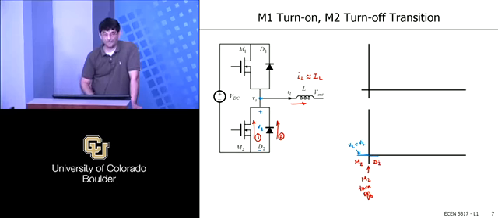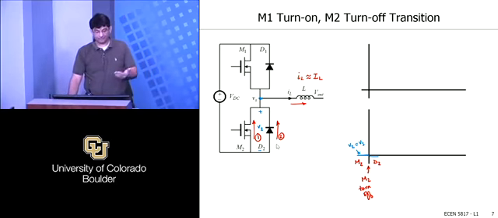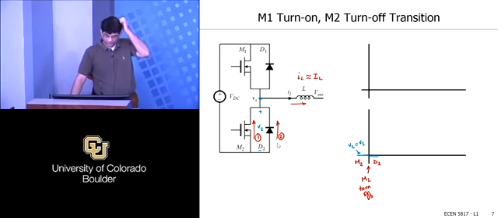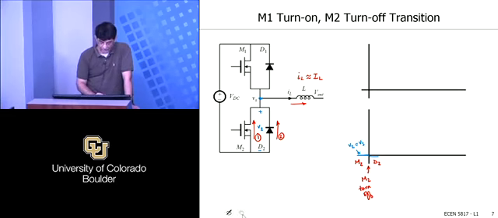All right. Now, we can just stay in this state, but we really want to make a transition, so we have to now turn on M1, right? So at this point, I'm going to turn on M1.